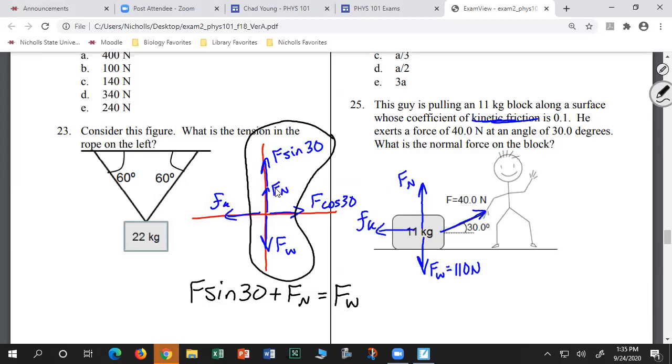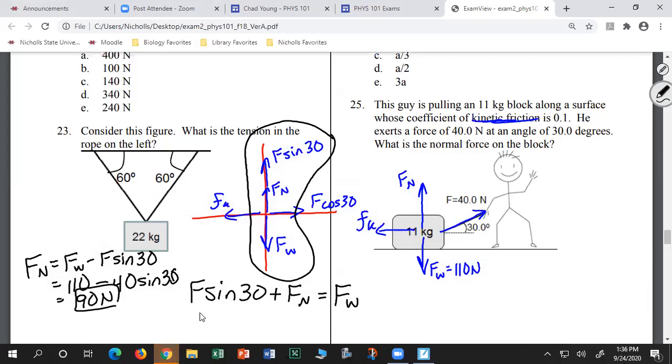Then I can solve for Fn. It's going to be 90 newtons.